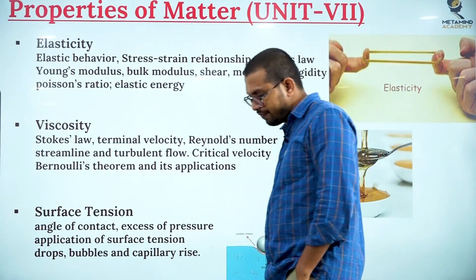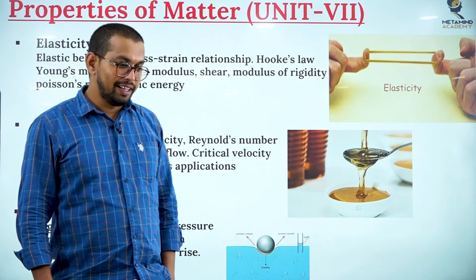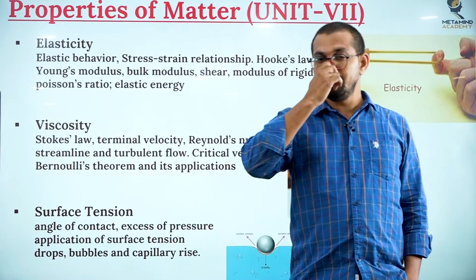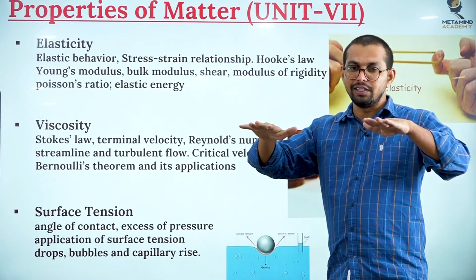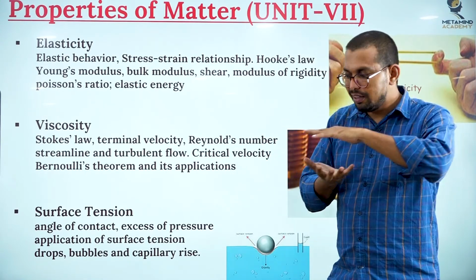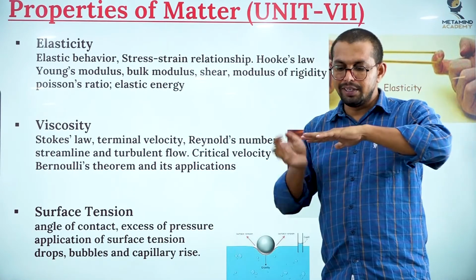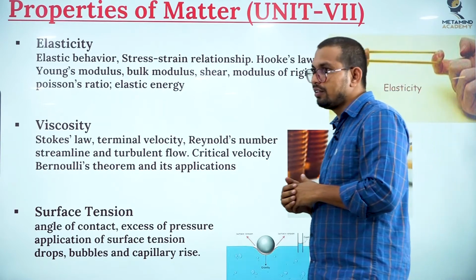Now coming to surface tension. Here we will be discussing the unbalanced particles over the surface of any fluid. For example, if a fluid is there, the surface molecules are unbalanced because the molecules beneath are in contact with the rest of the particles, but the surface part is completely exposed to air or the atmosphere.